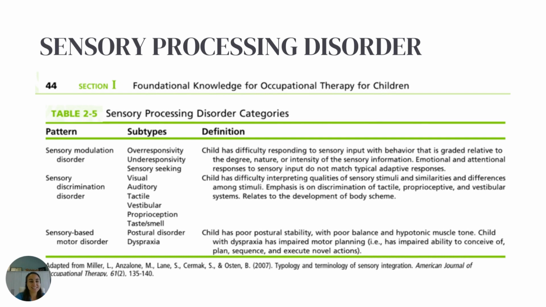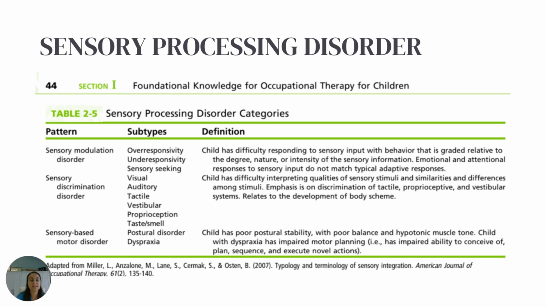So what is sensory processing disorder? When we talk about sensory processing disorder, we have three categories. Which include sensory modulation disorder, and the subtypes are over responsivity, under responsivity, or sensory seeking.